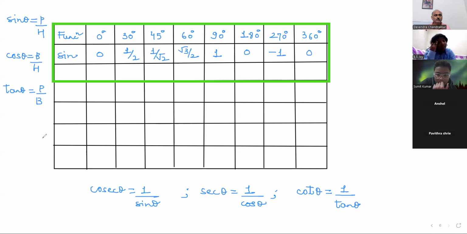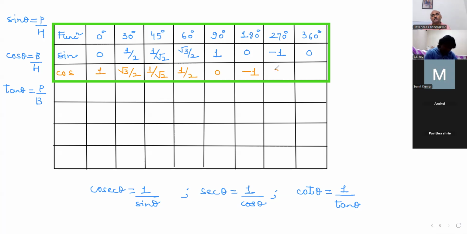What about cos? Cos 0 is 1. Cos 30 is √3 by 2. This is 1 over √2. This is 1 by 2, cos 90 is 0, cos 180 is -1, cos 270 is 0, cos 360 is 1.